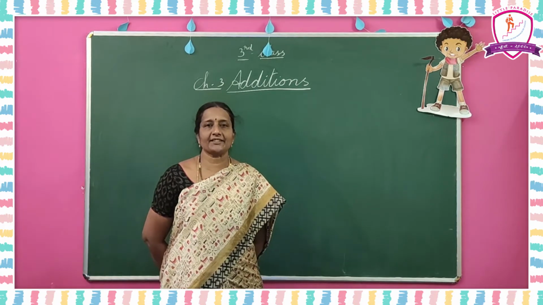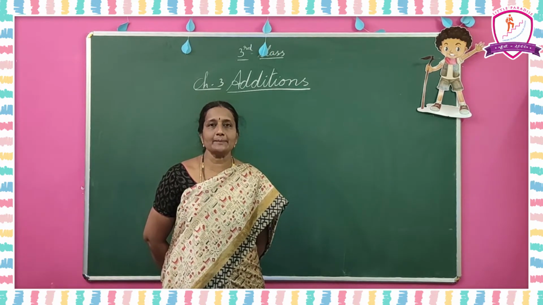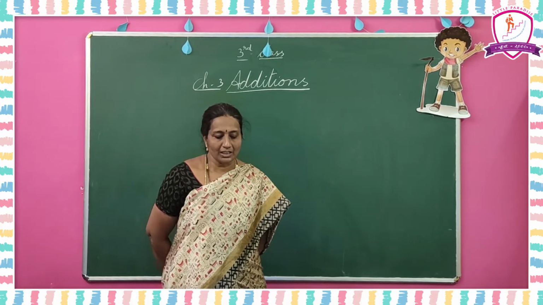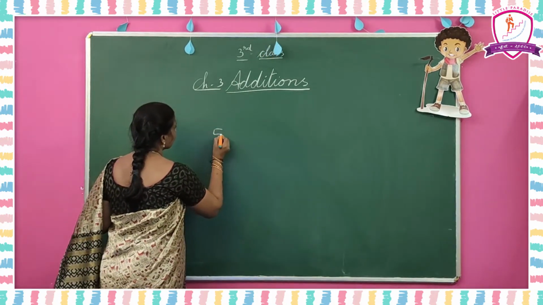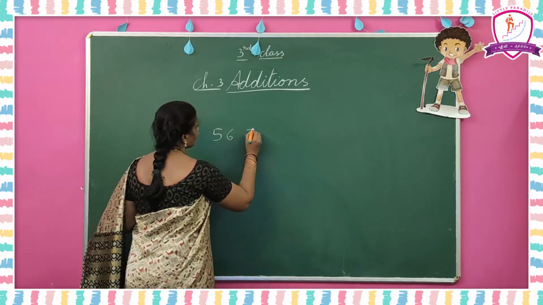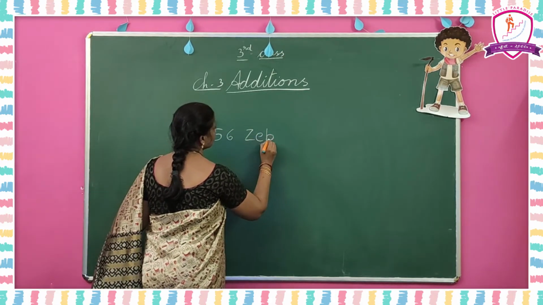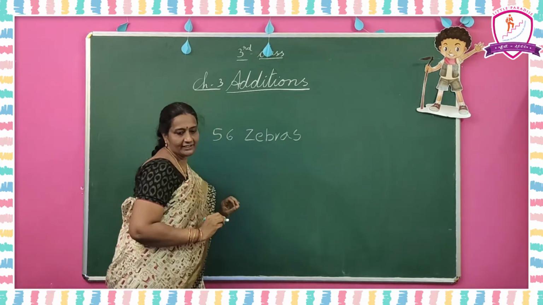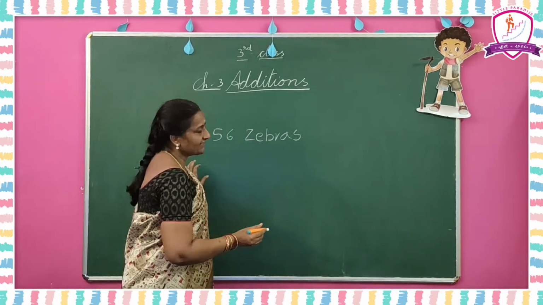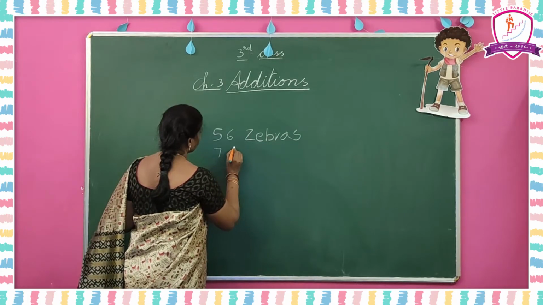After they came back from the zoo, her mummy asked, how many animals did you find in the zoo? How many zebras are there? 56 zebras. And how many giraffes are there? 75 giraffes.